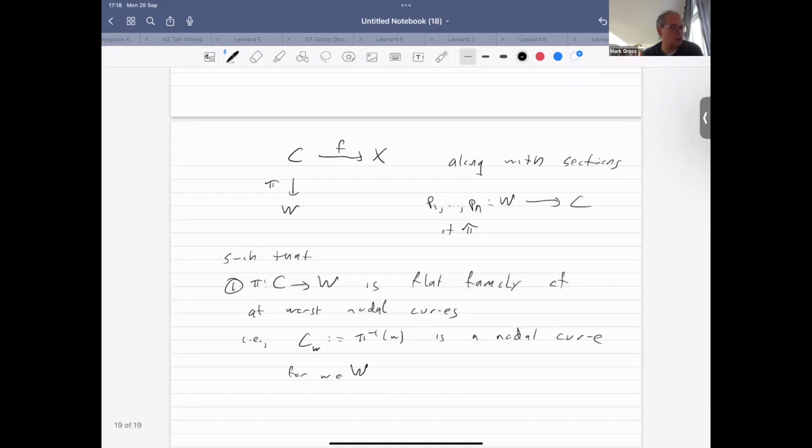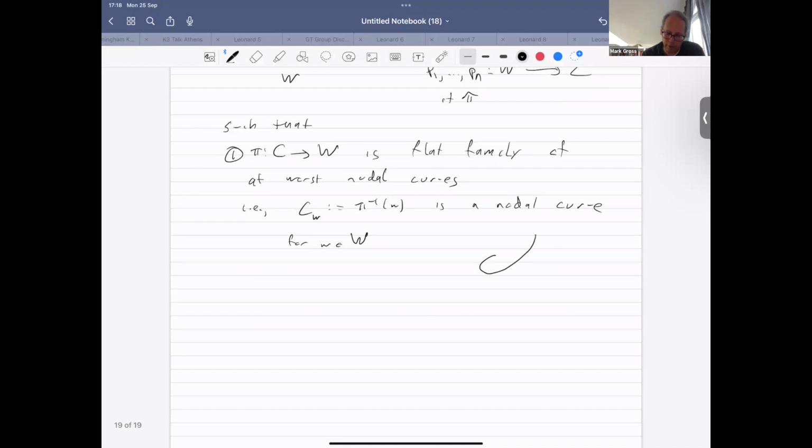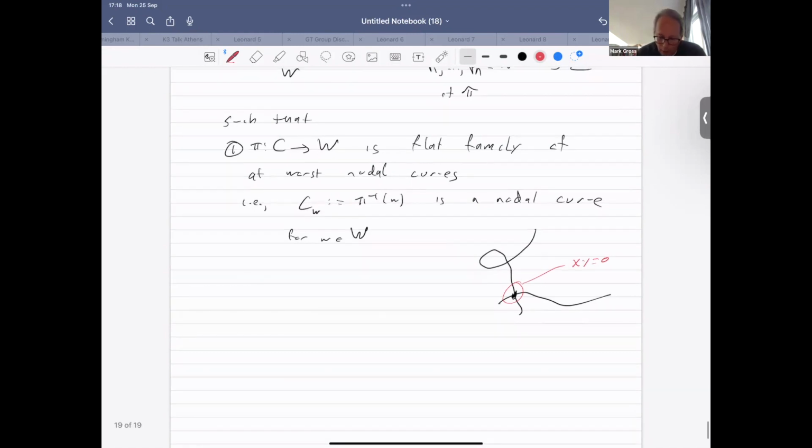What this means is a curve with some singularities, might look something like that. But the singularities always locally analytically look like xy equals 0, like the crossing of two coordinate axes. So of course this can happen here too, so you have to look very locally. But that's what a nodal curve is. So every fiber of the map pi, every inverse image over a point, is such a curve. So that's the first statement.